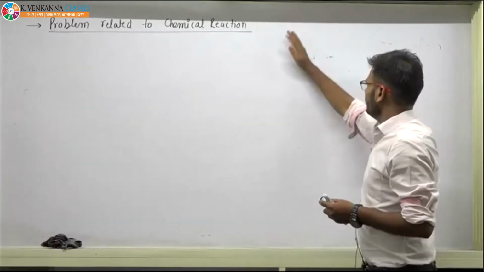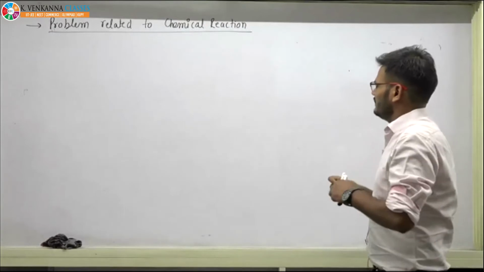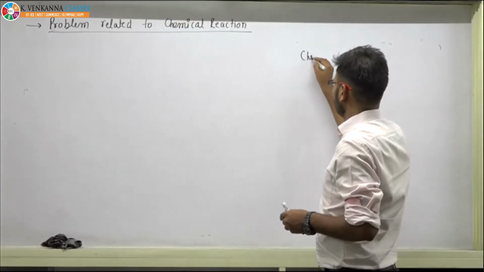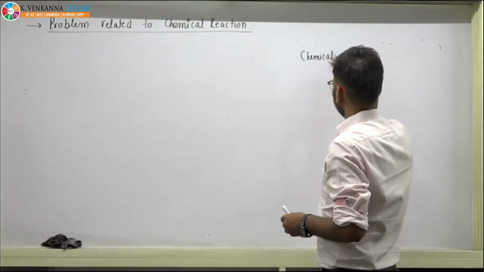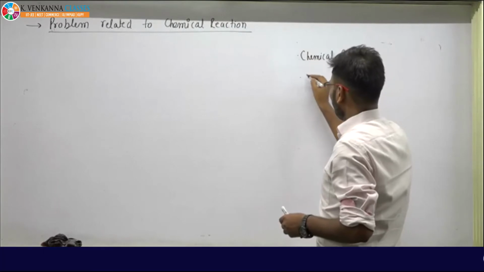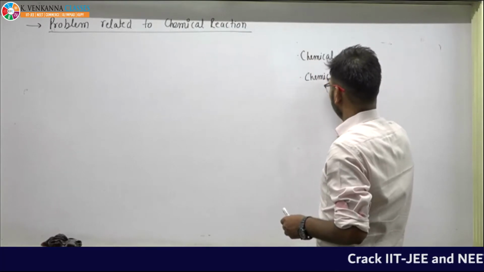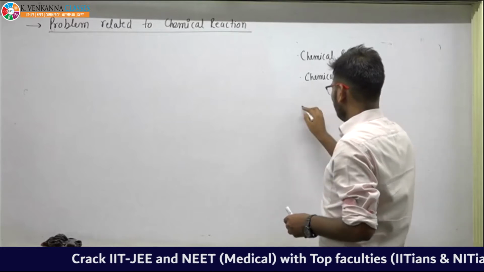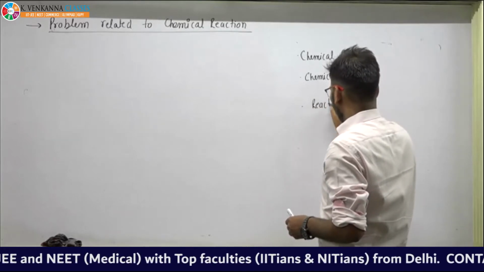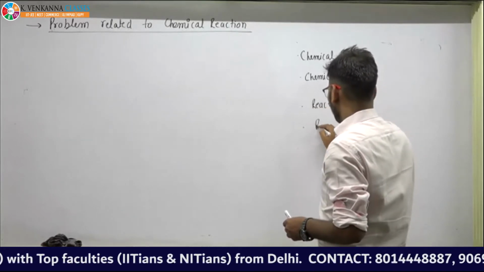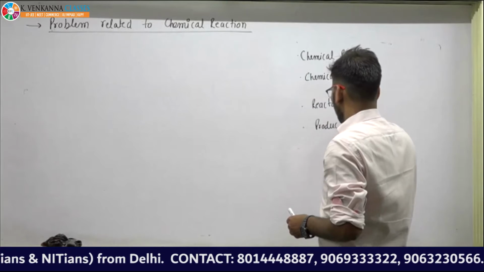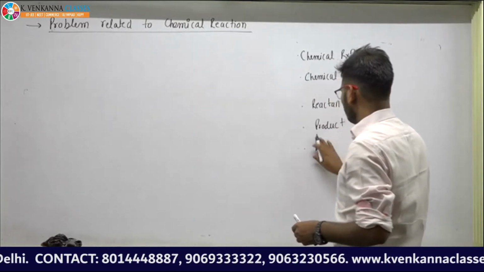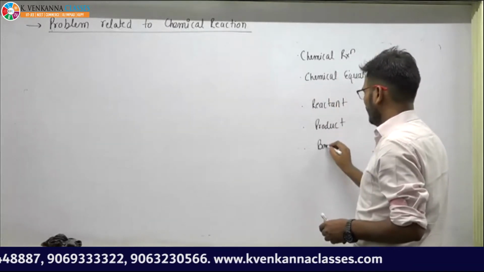So what do we understand from chemical reaction? There are some terms: what is a chemical reaction, how it is different from a chemical equation, how you define reactant, what is product, and what is a balanced reaction and an unbalanced reaction.